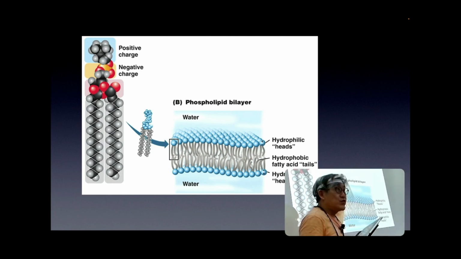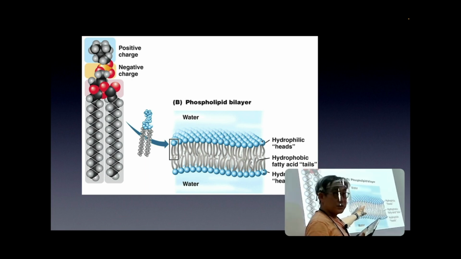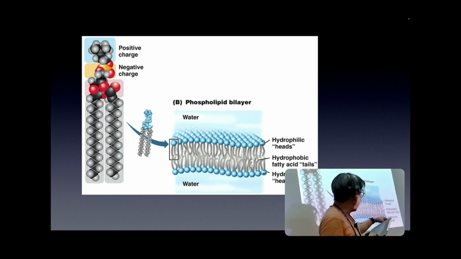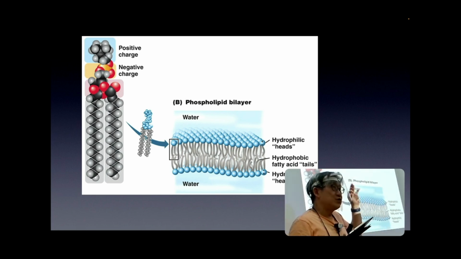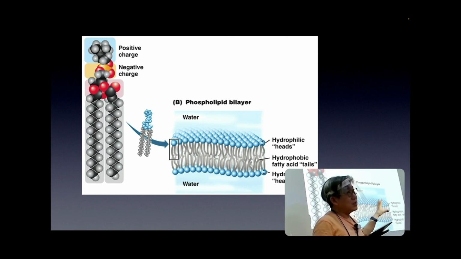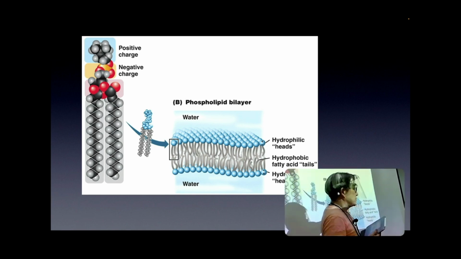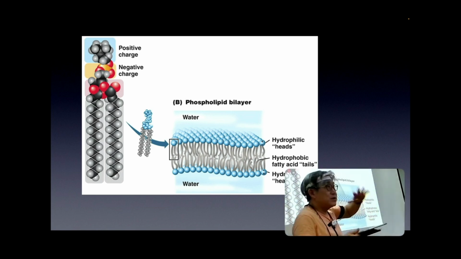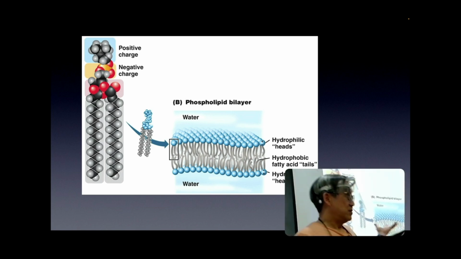Why? We have seen the hydrophobic interaction in last week's lecture. In the watery environment, that's the best way for them to survive, to stay as the most stable structure, energetically speaking. So this is exactly the hydrophobic interaction. So they will stick together to avoid contact with the water.